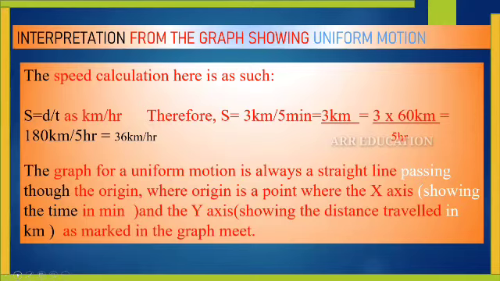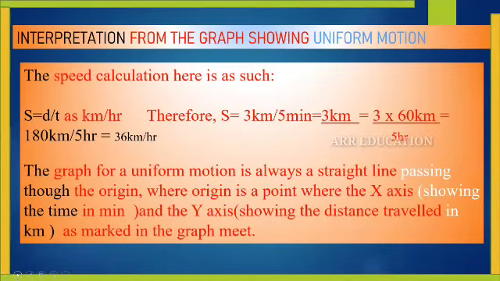In fractions, when the denominator, which is the down part, is multiplied by some number, the fraction is imbalanced. It is no more equal to the fraction 3 kilometers by 5 minutes. That's why to keep the fraction equal, we need to multiply 3 also by 60.